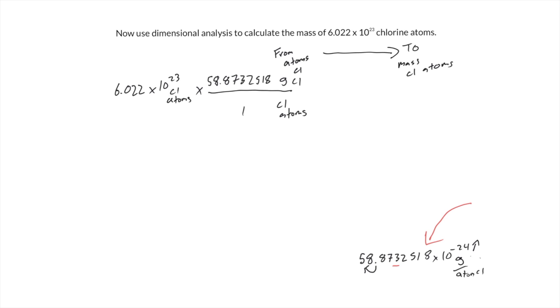And that had significant digits all the way to the 3. And we're using 4 sig figs for our number here. So our answer should have 4 sig figs. Units will cancel out, and we'll be left with our mass.